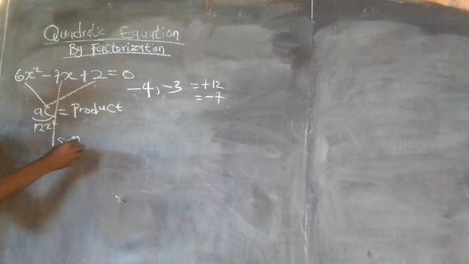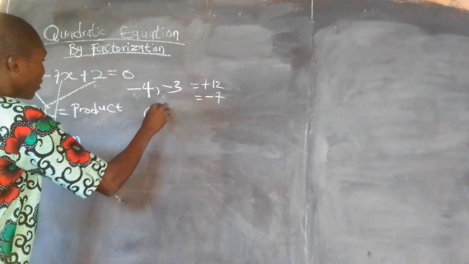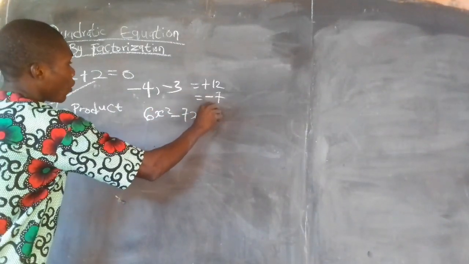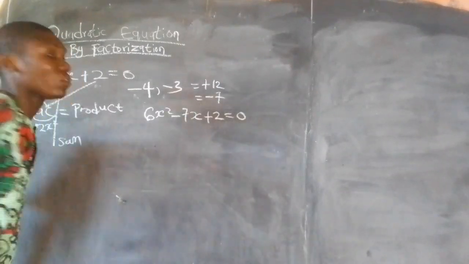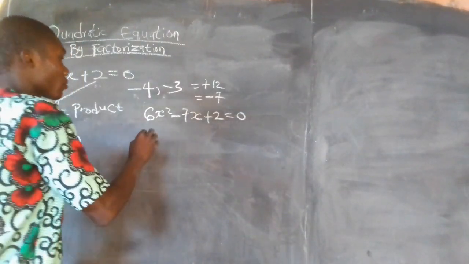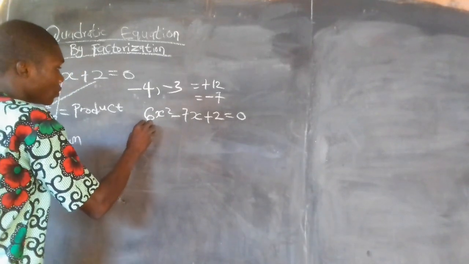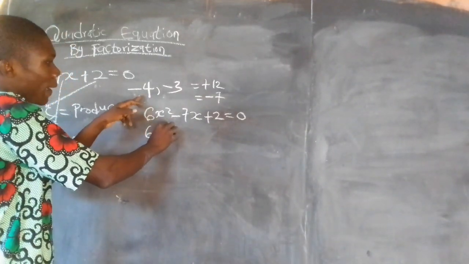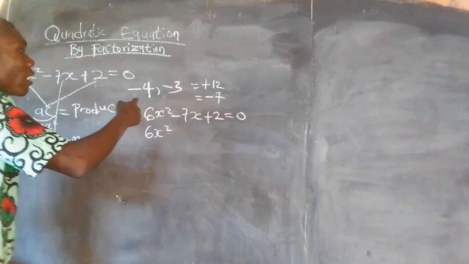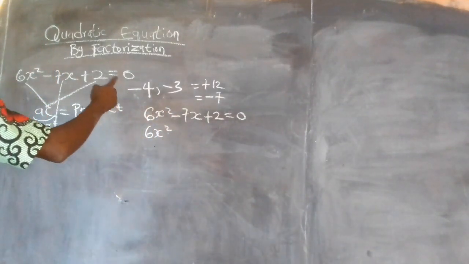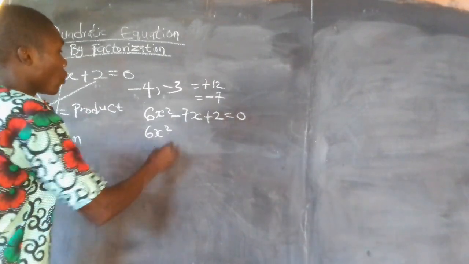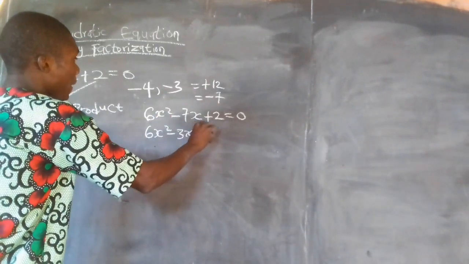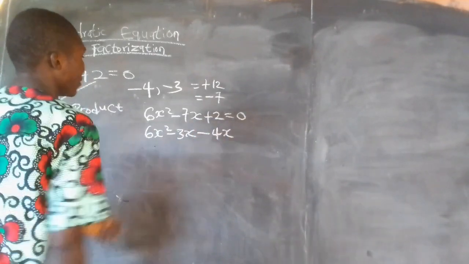So let's solve this question. We said 6x squared minus 7x plus 2 is equals to 0. How do you get it? You have 6x squared, and now bring in this minus 4 and minus 3. So I bring in my minus 3 first: minus 3x minus 4x.